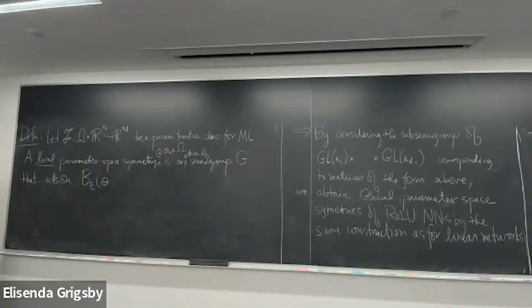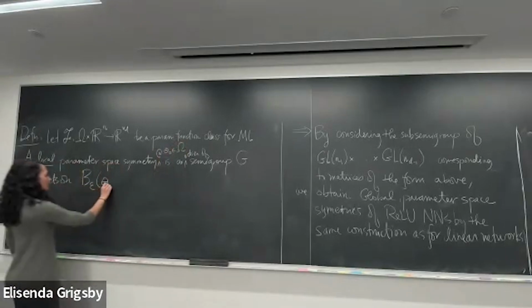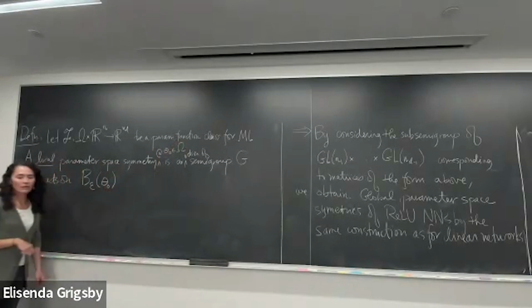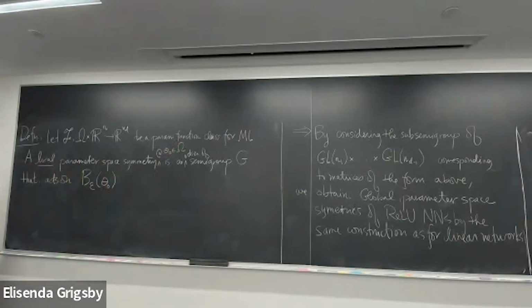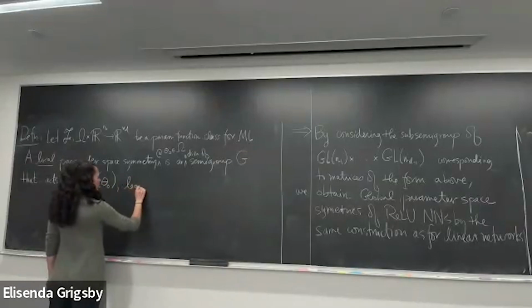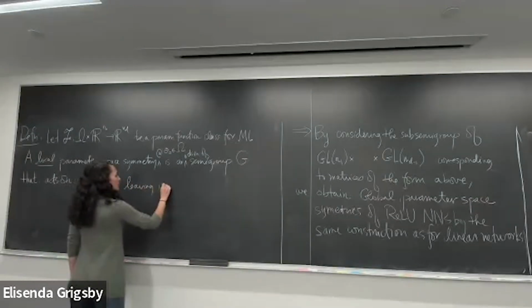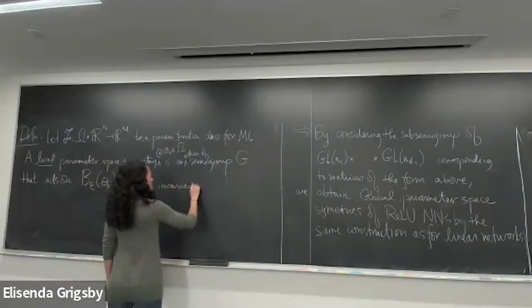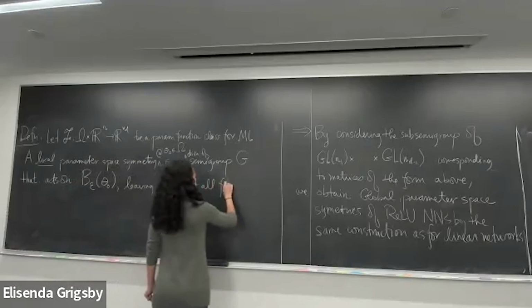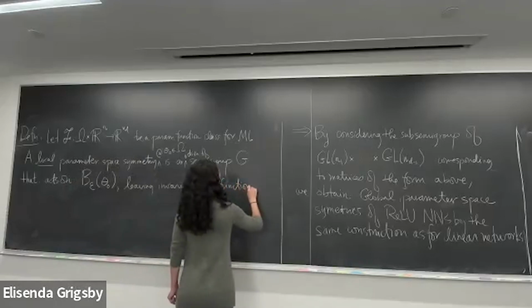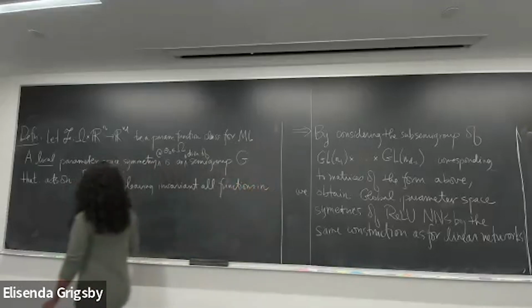It's an action of a semi-group G that acts on an epsilon neighborhood of theta naught, leaving invariant all functions in that neighborhood.